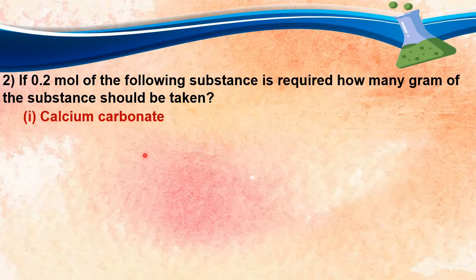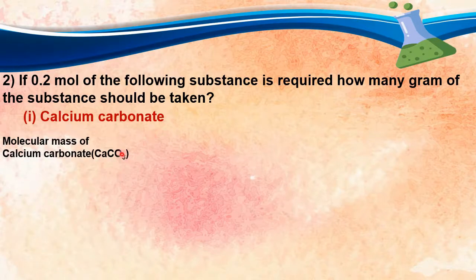As we all know, 1 mole of any substance contains molecular mass of that substance in grams. So, first we have to find out molecular mass of calcium carbonate. For that, we need to add the atomic masses of constituent elements present in calcium carbonate.